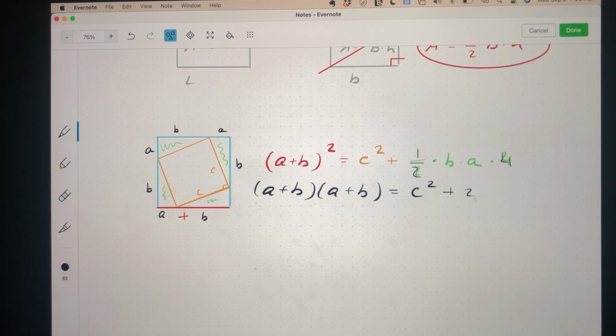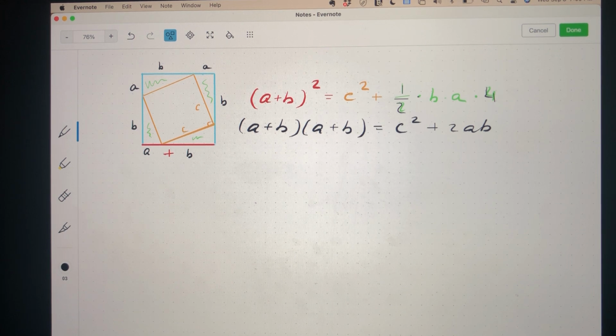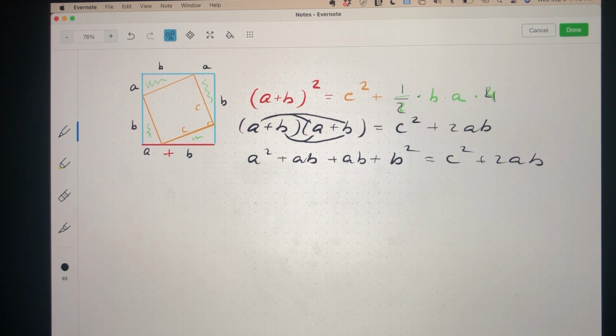So plus 2AB. Now when we multiply the left side, we get A times A, that's A squared, A times B, that's AB, then another AB, and then B times B, which is B squared. On the other side we have C squared plus 2AB.